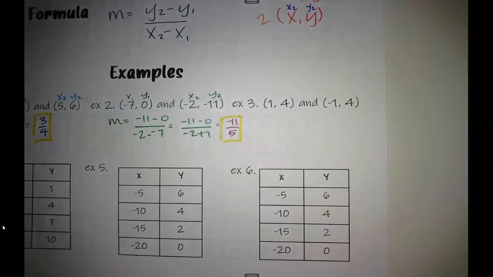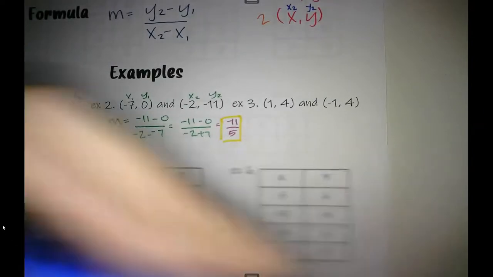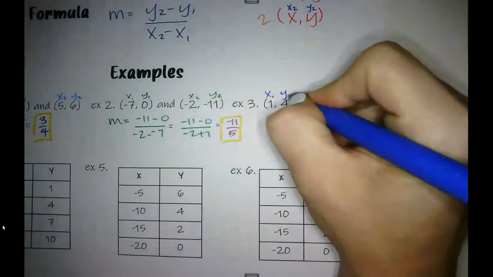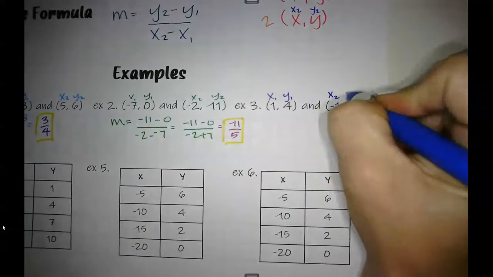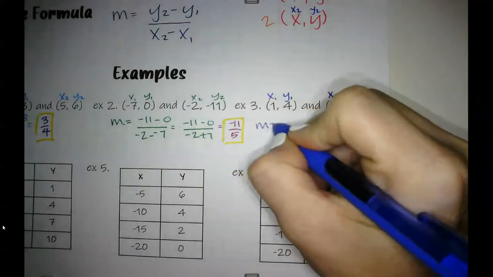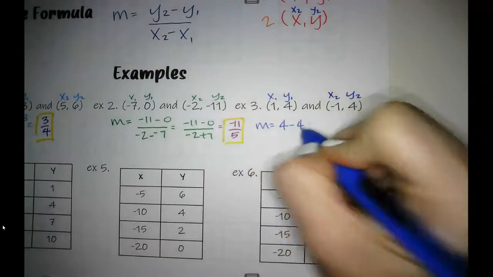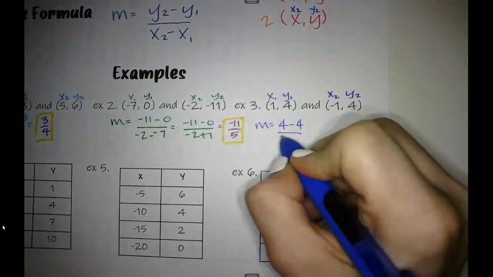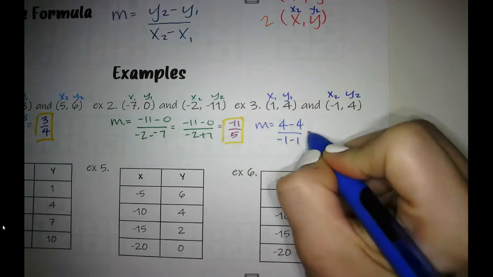All right, this final example over here. We got x1, y1, x2, y2. So m equals 4 minus 4 over negative 1 minus 1.